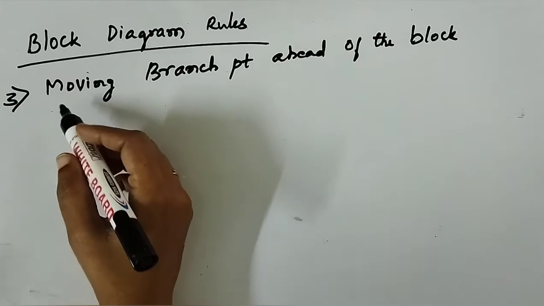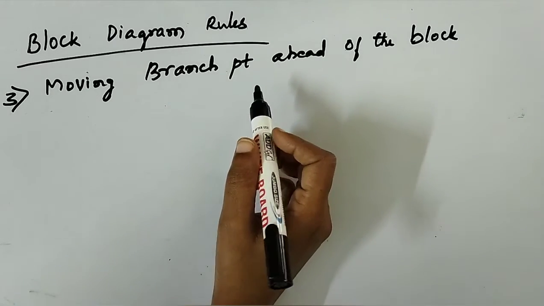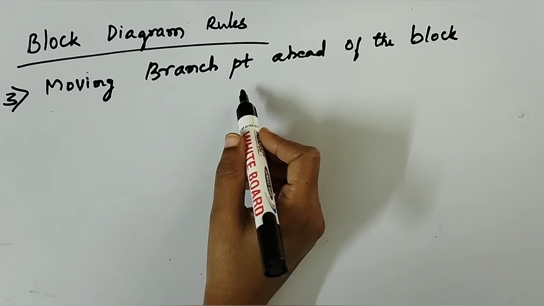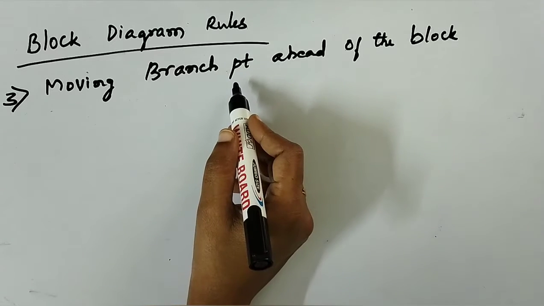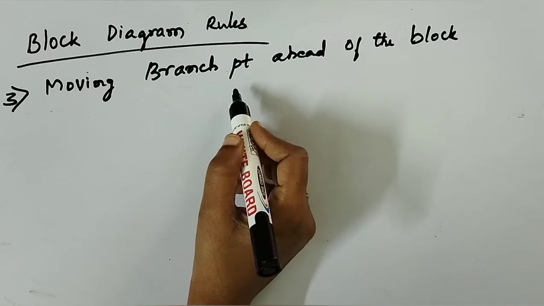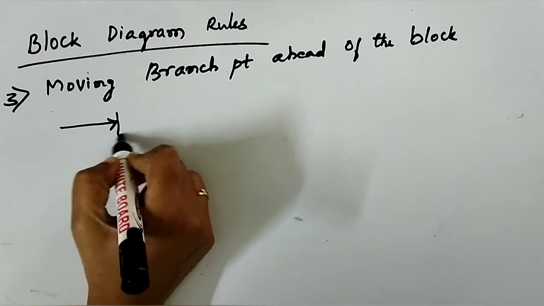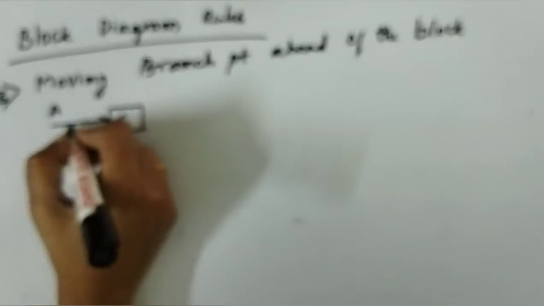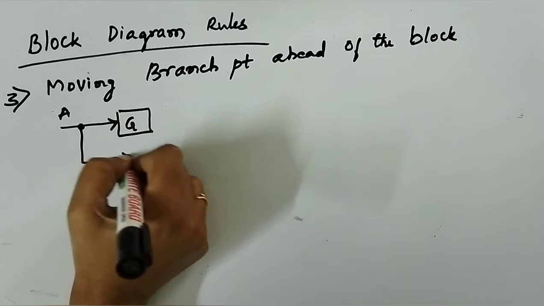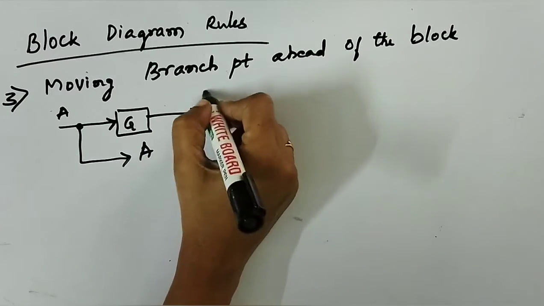Now we'll see the third rule, moving the branch point ahead of the block. The basic reason for moving the branch point is to simplify a complex circuit. A is the input, this is the branch point, and AG is the output.